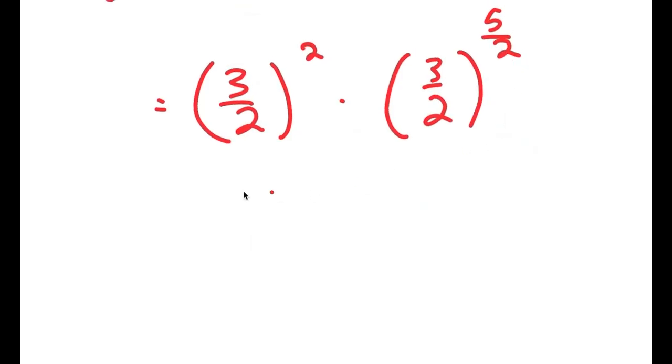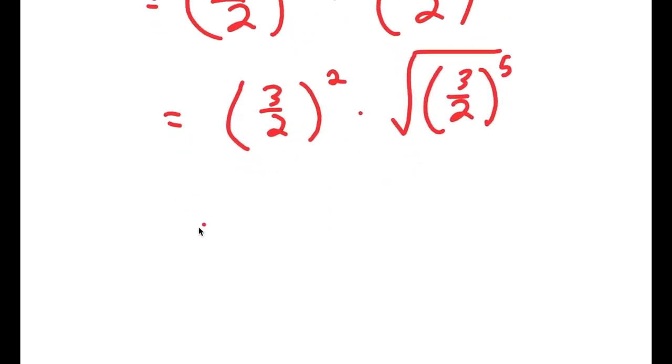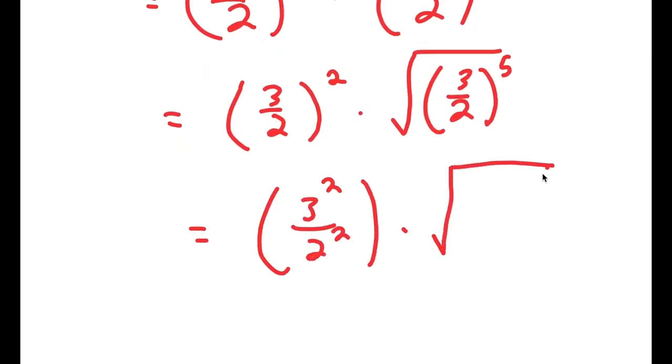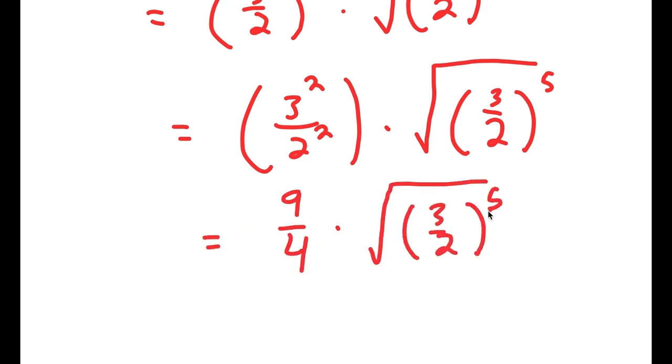And now 5 over 2 is the same thing as the square root of 3 over 2 to the power of 5. And 3 over 2 squared is the same thing as 3 squared over 2 squared. So now from here, 3 squared is 9, 2 squared is 4, so I get 9 over 4 times the square root of 3 over 2 to the power of 5.